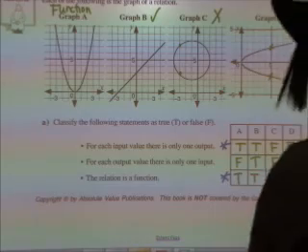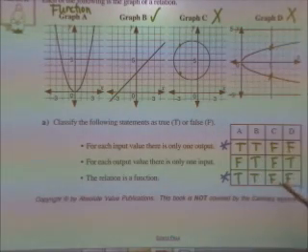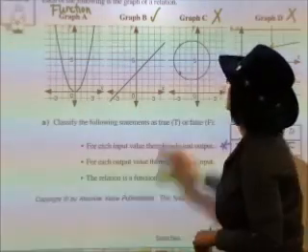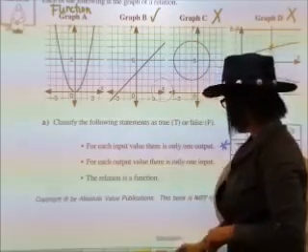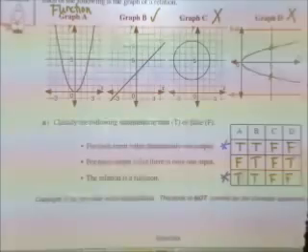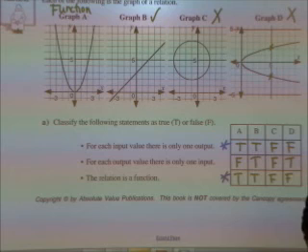So from graph C, it says write 2 ordered pairs that show that the relation is not a function. If I look at graph C, what points could I use to show that this is not a function? So pick an input.